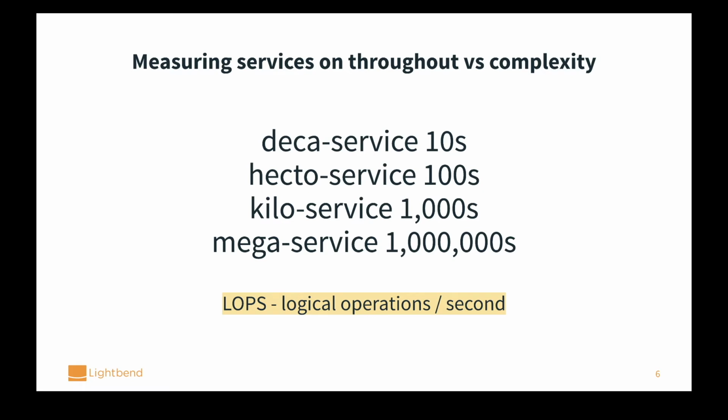I think many services these days are starting to fall into the kilo service area, and I think that's just going to grow. But here we're talking about maybe thousands of logical operations per second, or tens of thousands, or maybe hundreds of thousands. Now you're really getting into the big leagues, the high volume applications.